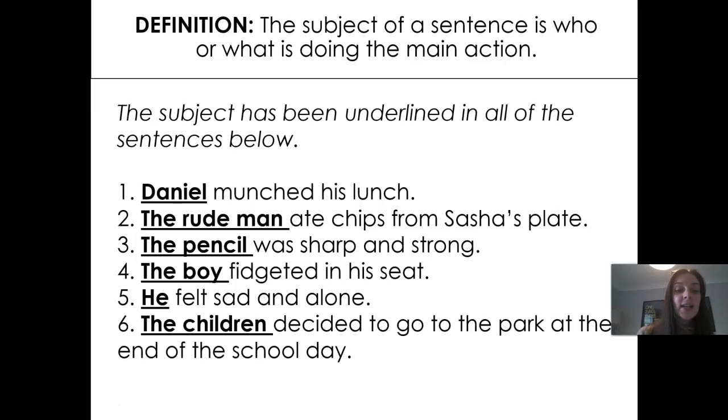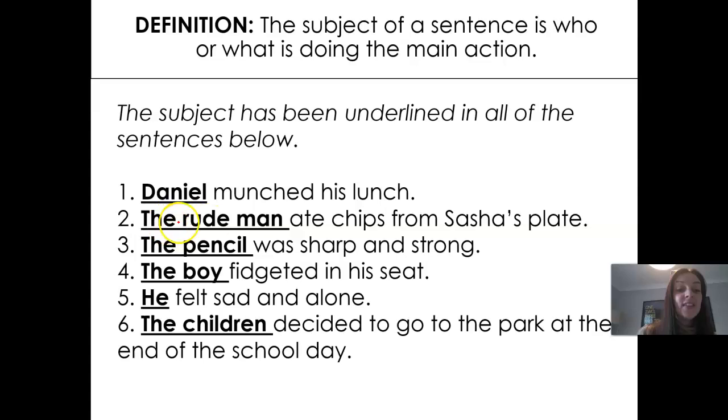Number 1, Daniel munched his lunch. Can you see here that Daniel is my subject, so I've underlined it, because he is the one who is eating or munching his lunch. In sentence 2, the rude man ate his chips from Sasha's plate. That's not okay. Can't just take people's chips.